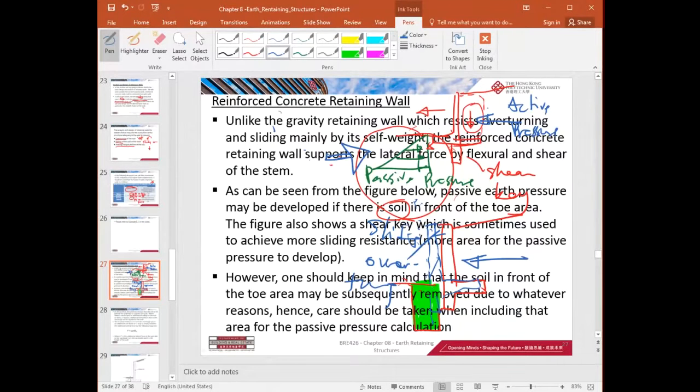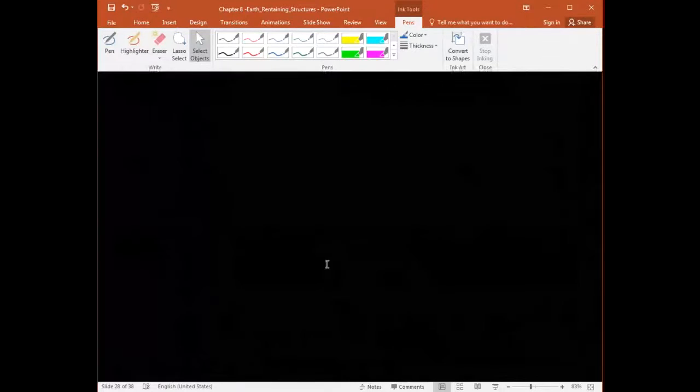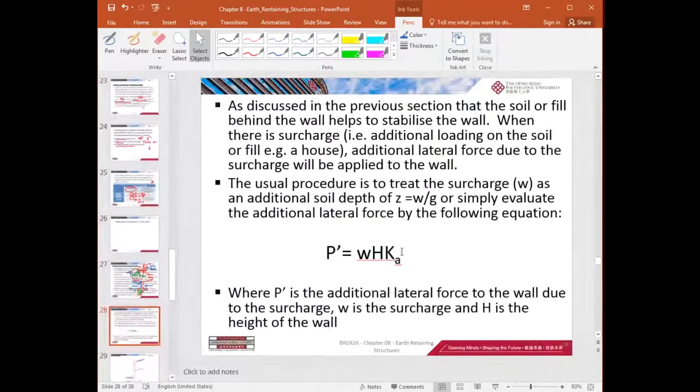Because of your trenching work, because you have excavated the material out of your trench, there will be no passive pressure developed. You have a loss of this passive pressure. So that will affect the stability of this retaining wall. So you have to take due care for any trenching work next to your RC retaining wall.